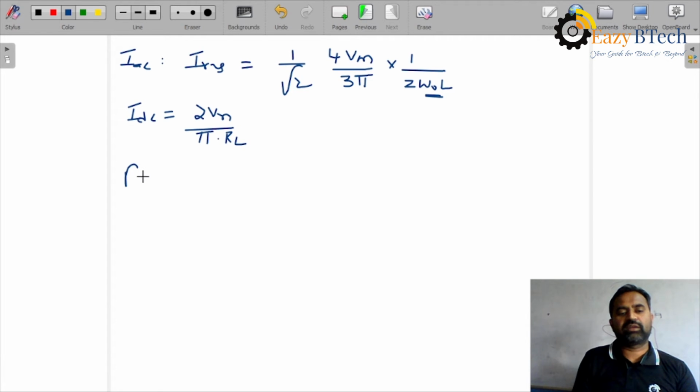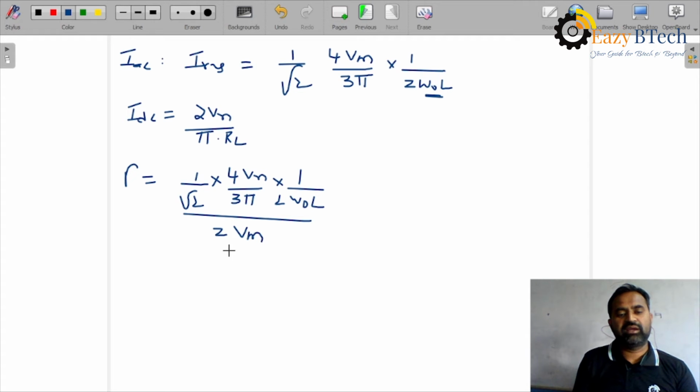To calculate the ripple factor, we will write IRMS, that is 1 by root 2 into 4 Vm by 3 pi into 1 by 2 omega naught L, divided by the IDC value, that is 2 Vm by pi into RL.